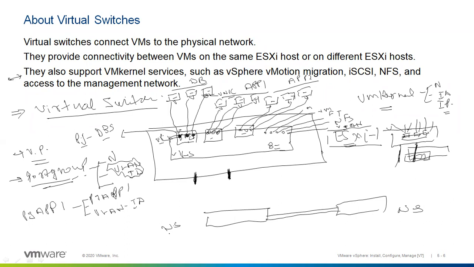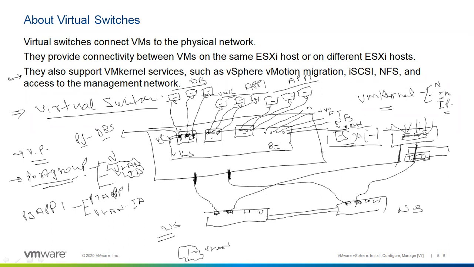So that's the responsibility of the network switch administrator to trunk all the 10 VLANs on these ports from where your ESXi is going to connect. He will trunk all the 10 VLANs to this port, and likewise to each of the other ports.